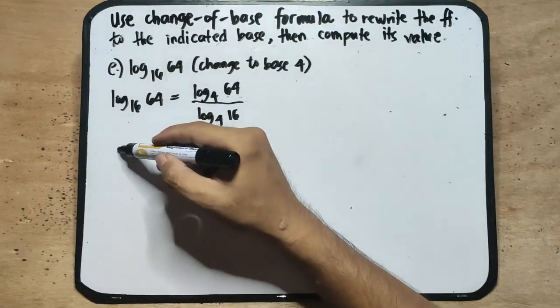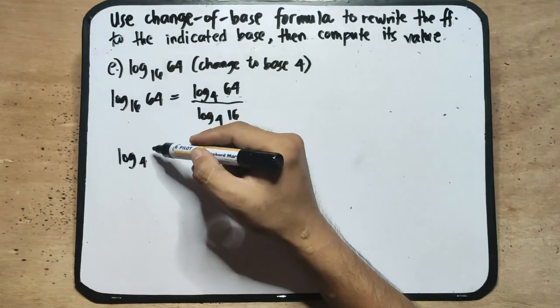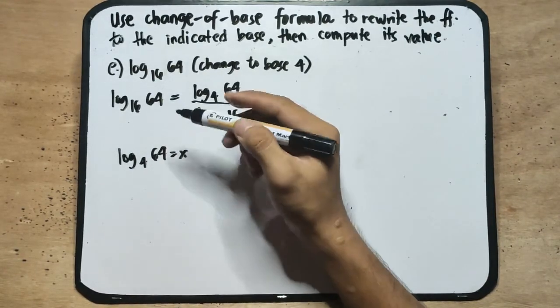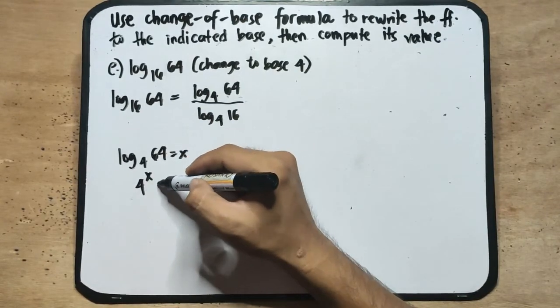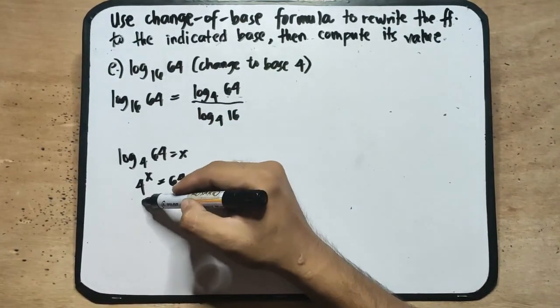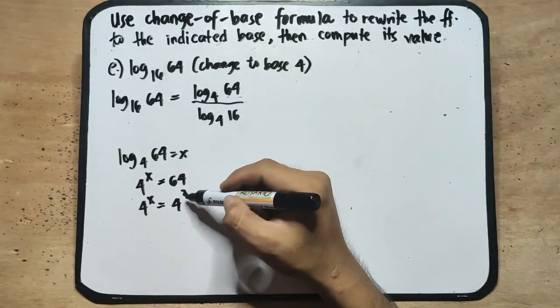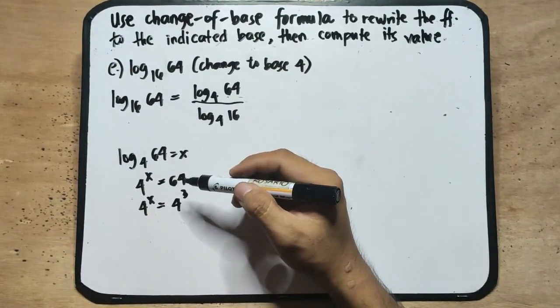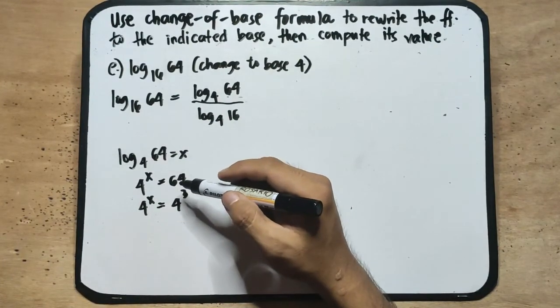So solving for the numerator, we have log base 4 of 64 is equal to x. So change this to exponential form. We have 4 raised to x is equal to 64. 64 is a multiple of 4. It can be written as 4 cubed kasi kapag minultiply natin si 4 sa kanyang sarili 3 times, it will give us 64 as the result.